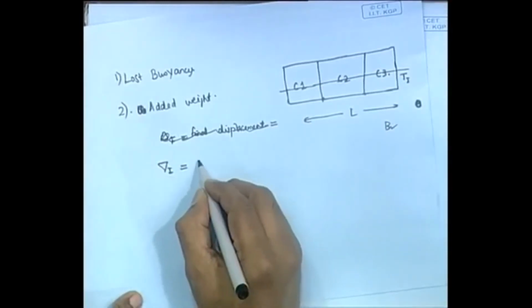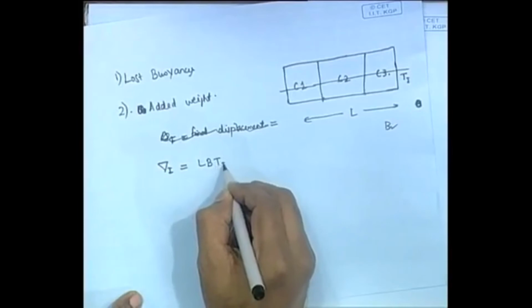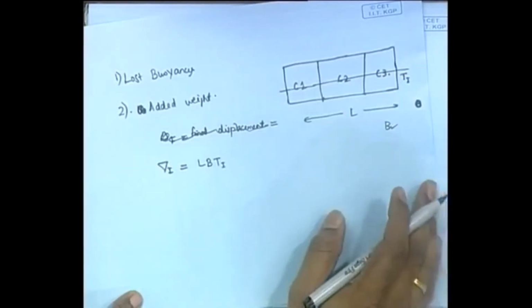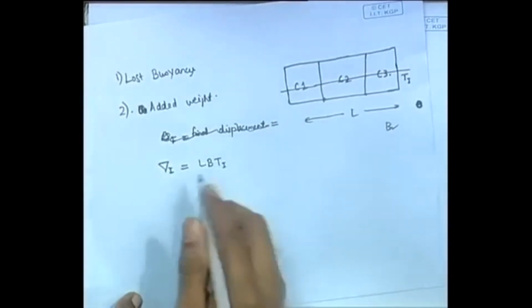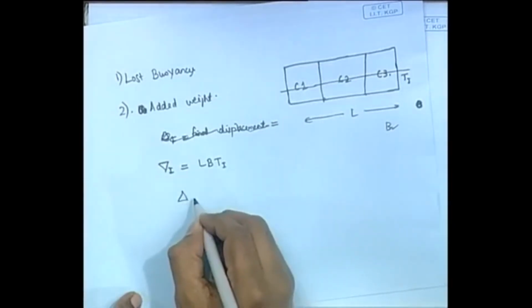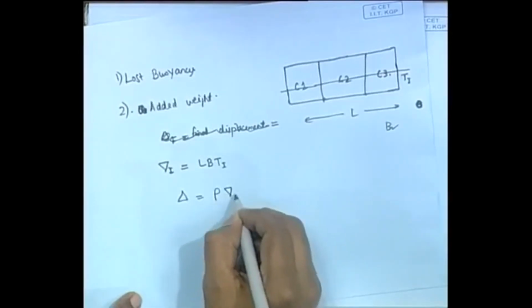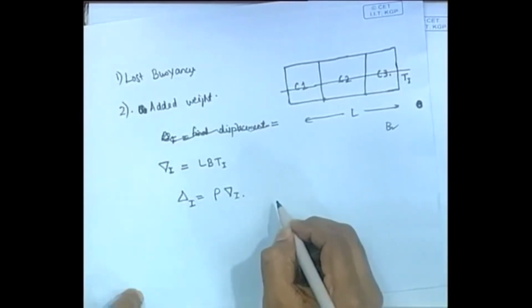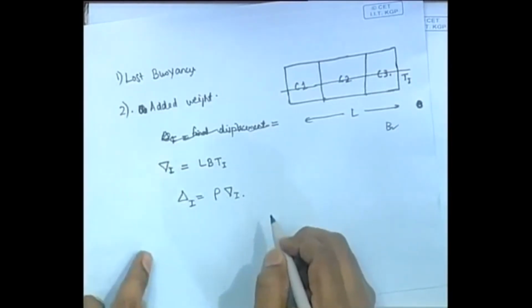We have length, breadth and draft T I. So the initial displacement of the ship is given by L B T I, and the mass or weight displacement is equal to rho into del I. This will give you delta I, the weight of the ship.